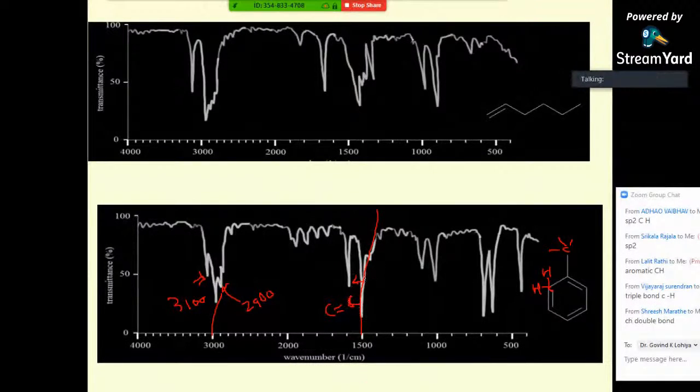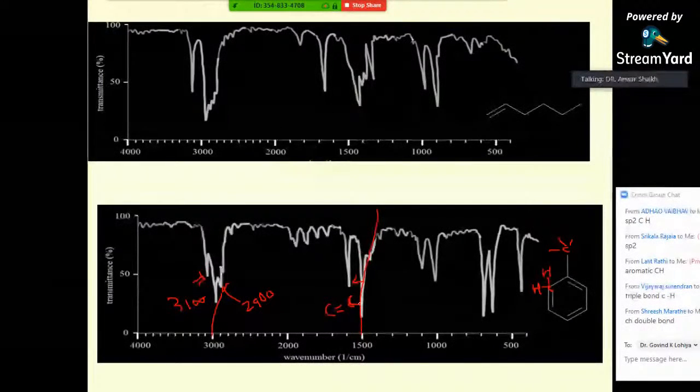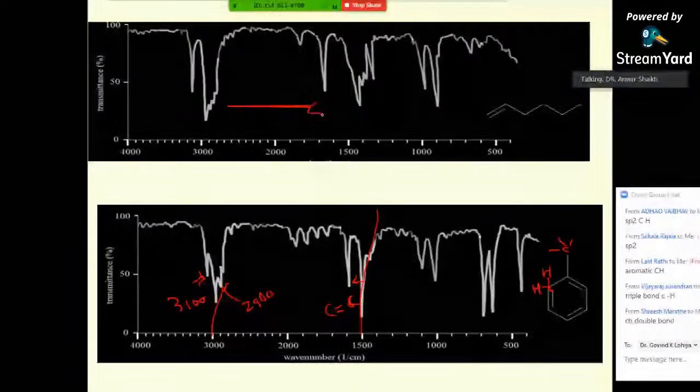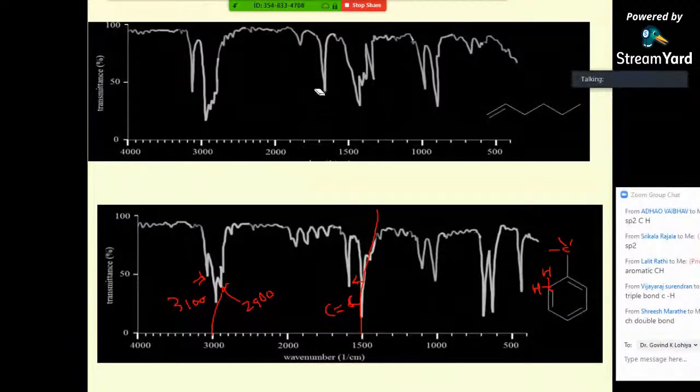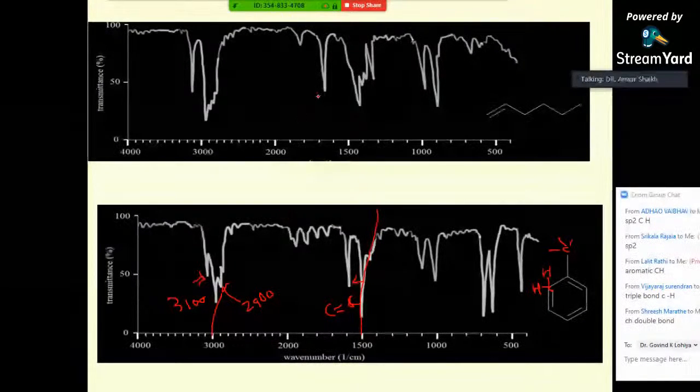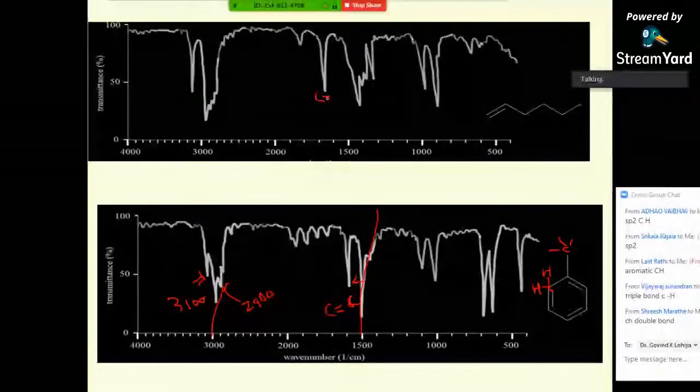You may be thinking that the same C double bond C I told about in the earlier case was appearing at 1650, and here it is appearing near or below 1600.